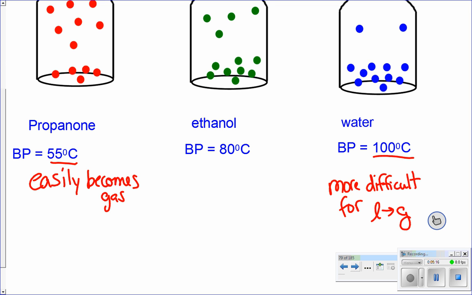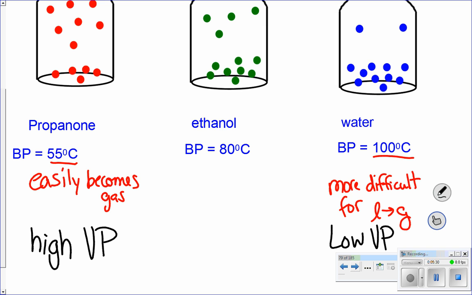So when we have weak intermolecular forces, lots of particles, high vapor pressure. When we have strong intermolecular forces, we have fewer particles and therefore a lower vapor pressure.